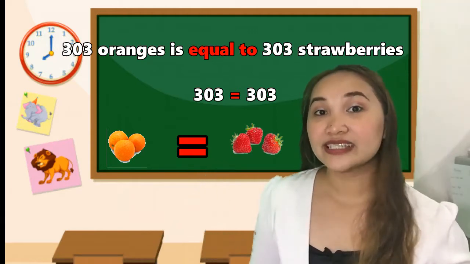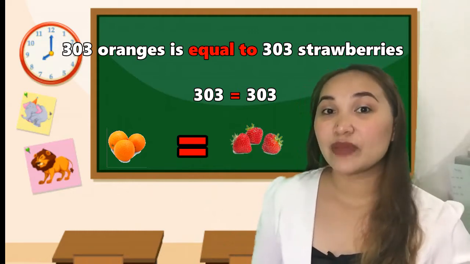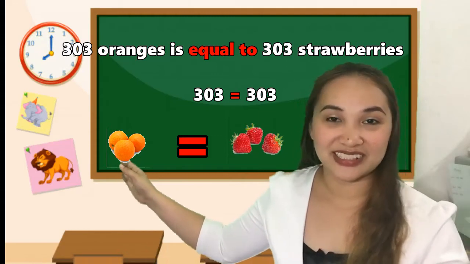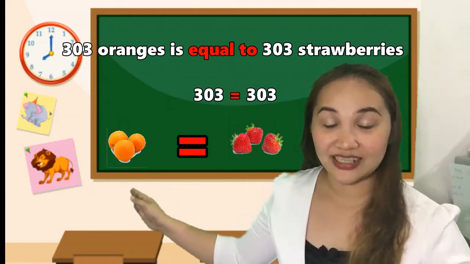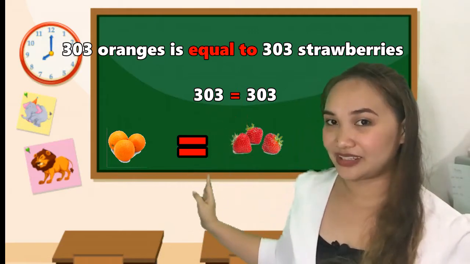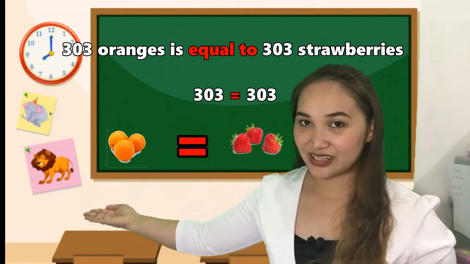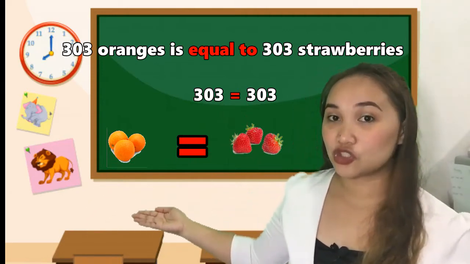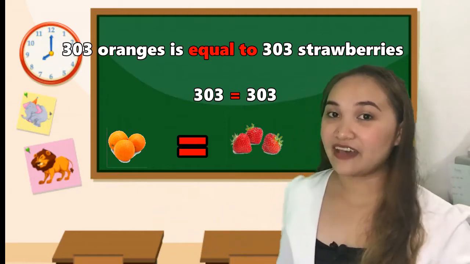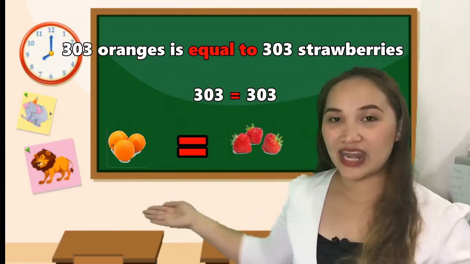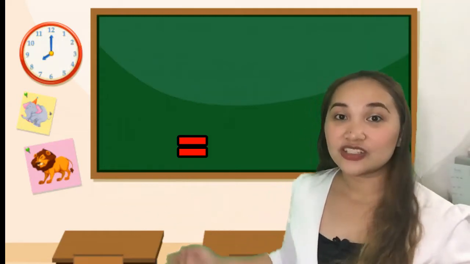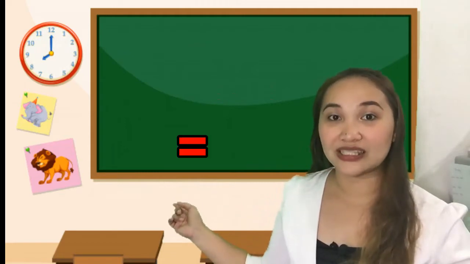In other words, we have the same number: 303 oranges and 303 strawberries. They have the same number, so we will use the equal sign.